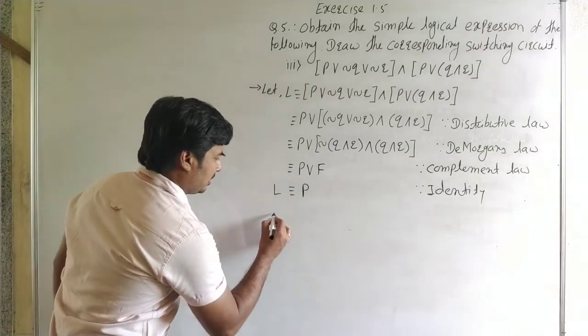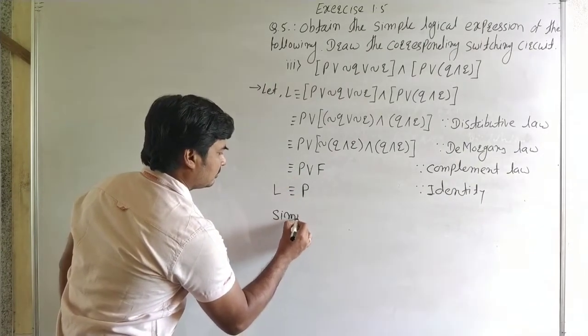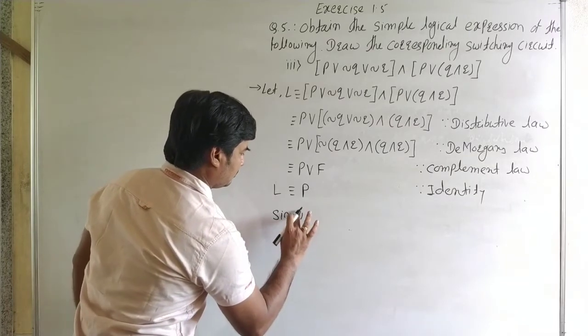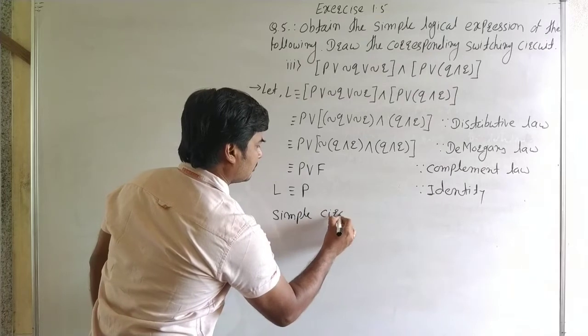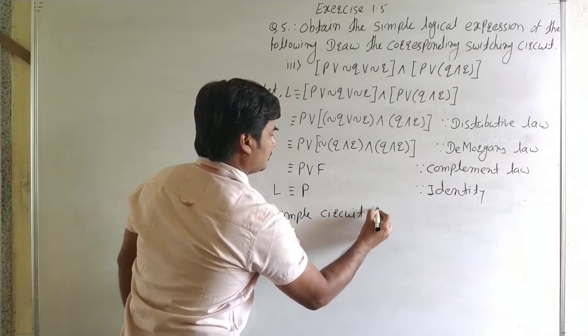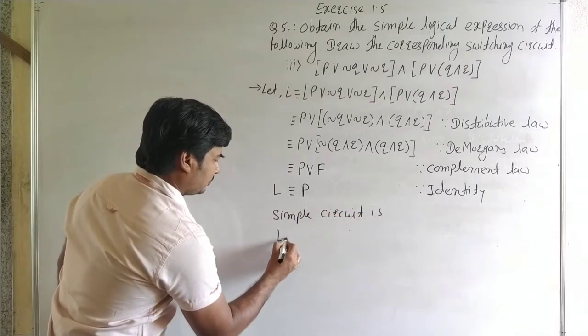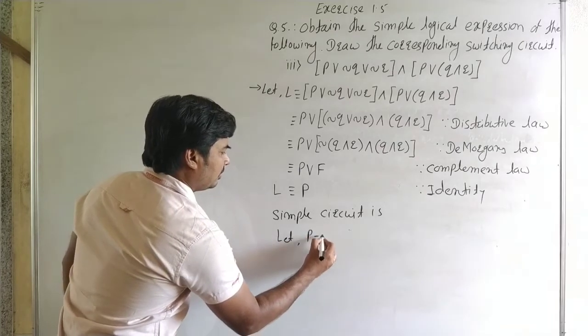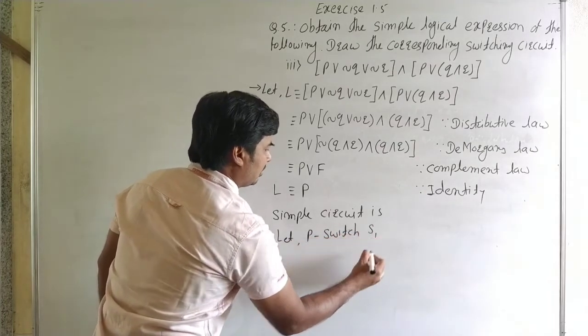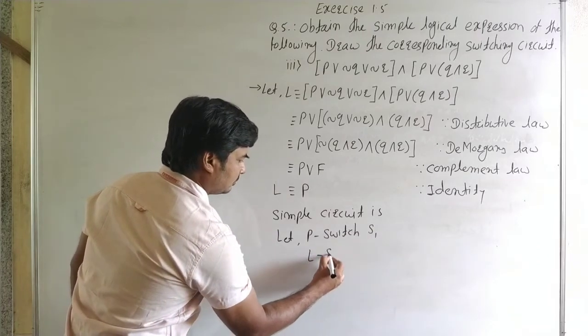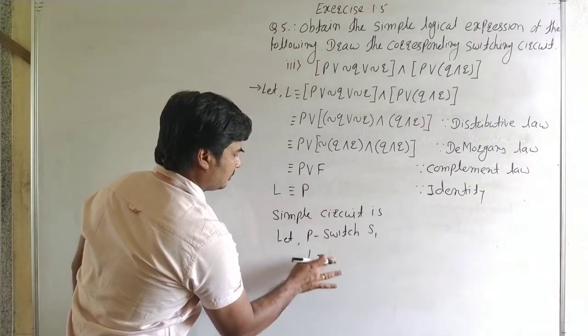So the simple circuit is here: let P be switch S1 and L is the lamp.